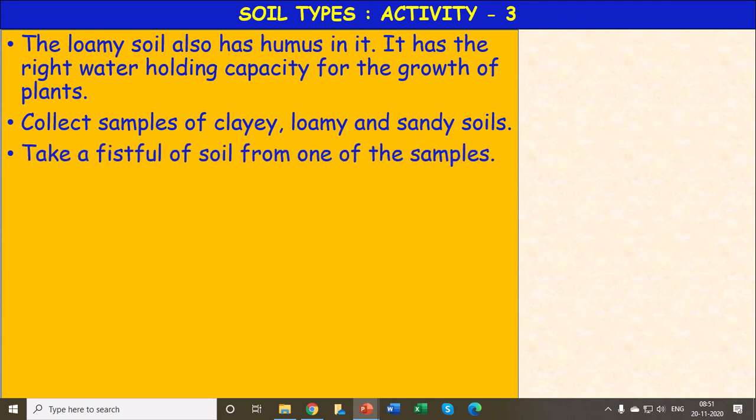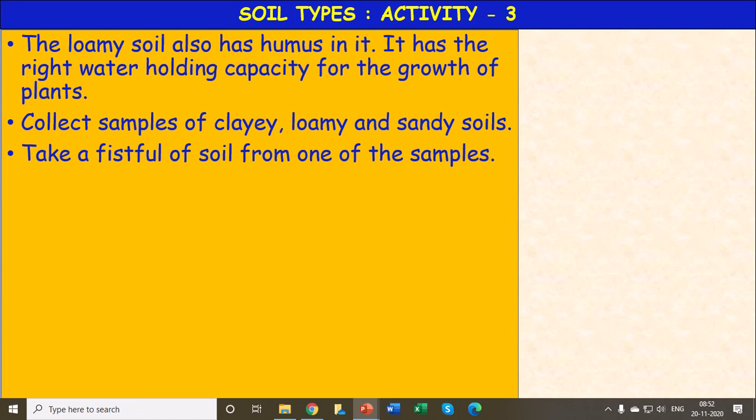So here is one more activity to find out the kind of soil. You might have observed different articles made of soil.